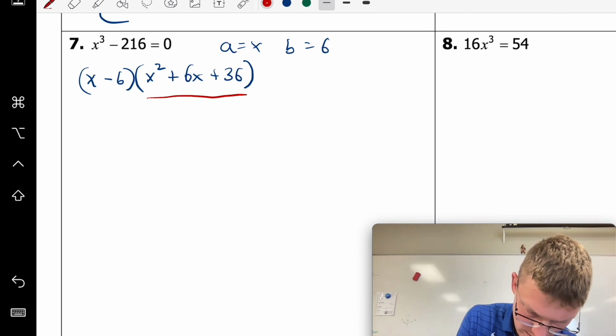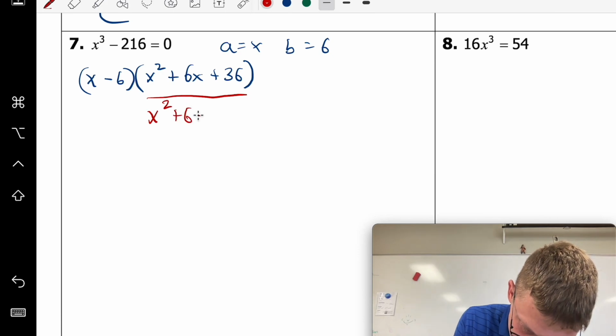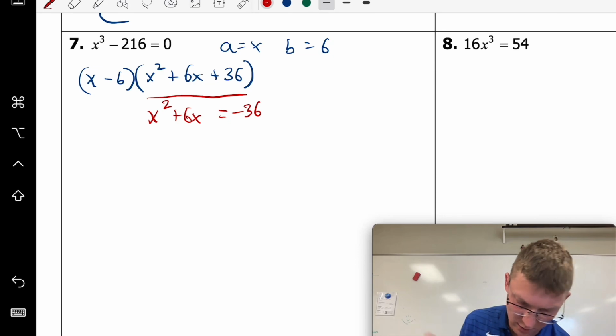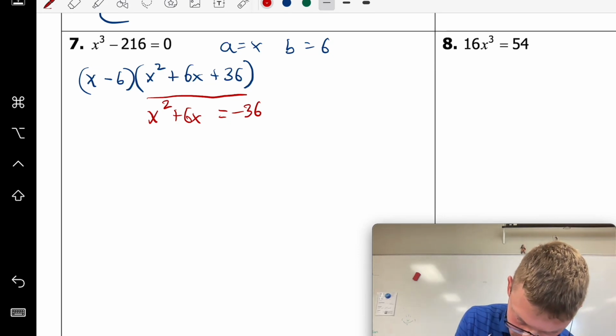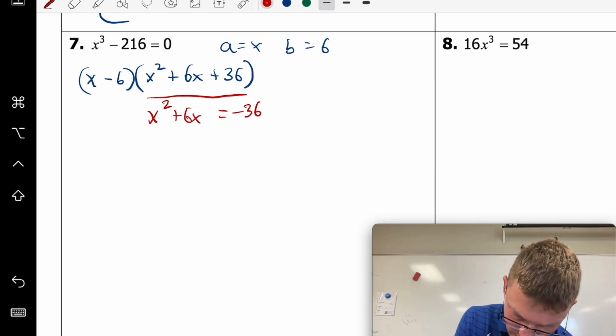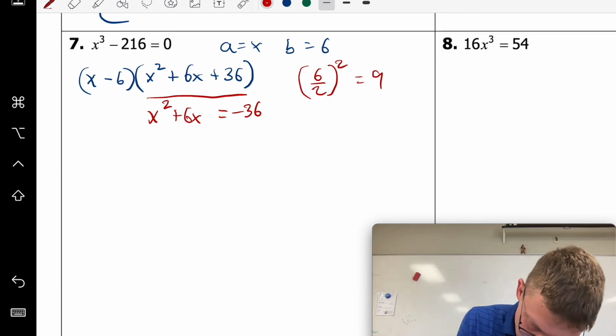So we're going to have x squared plus 6x equals negative 36. So I put it back over on the other side. The completing the square thing is 6 divided by 2 squared. So that's 9. So we're going to add 9 to both sides.